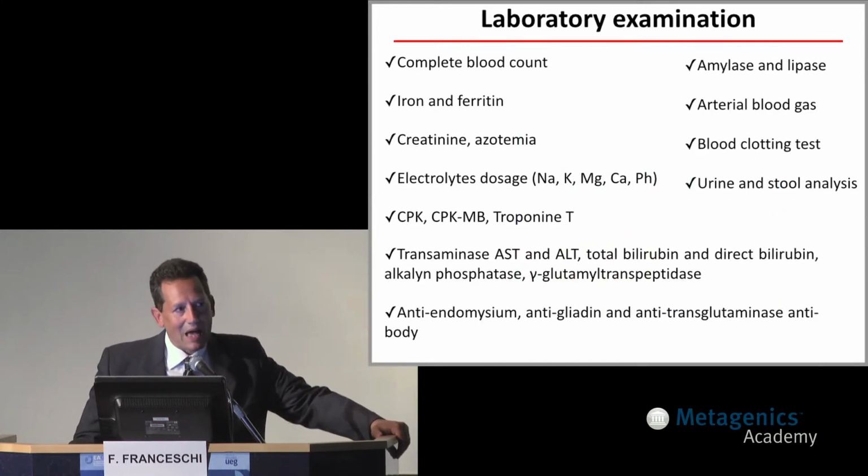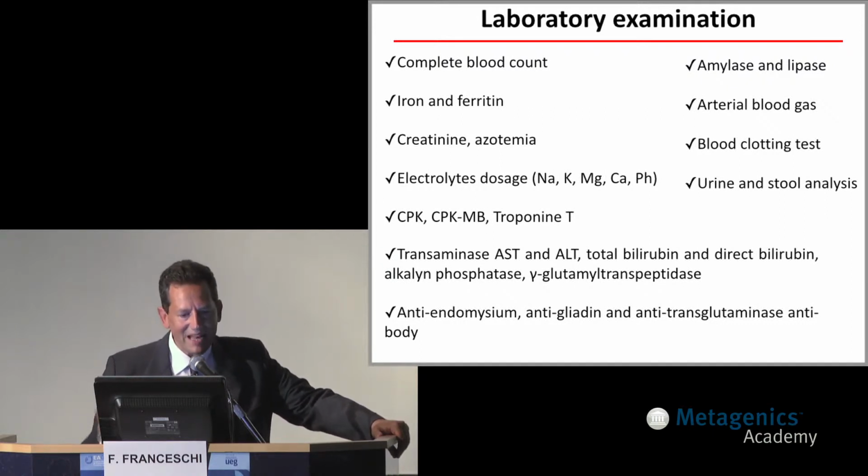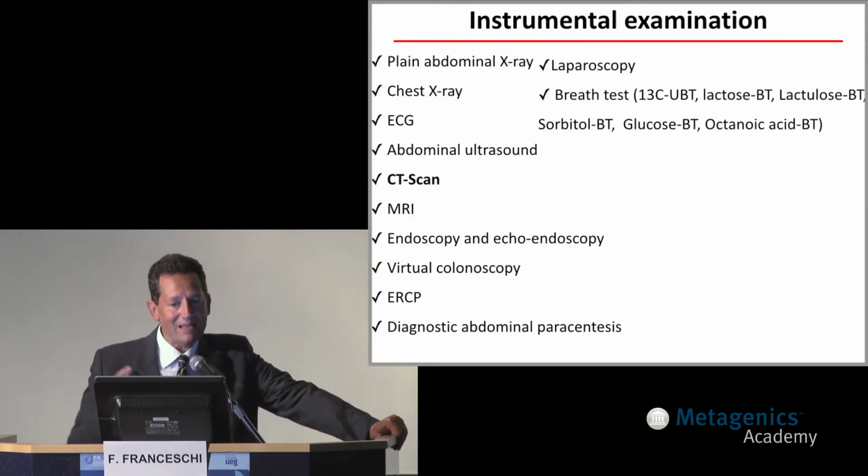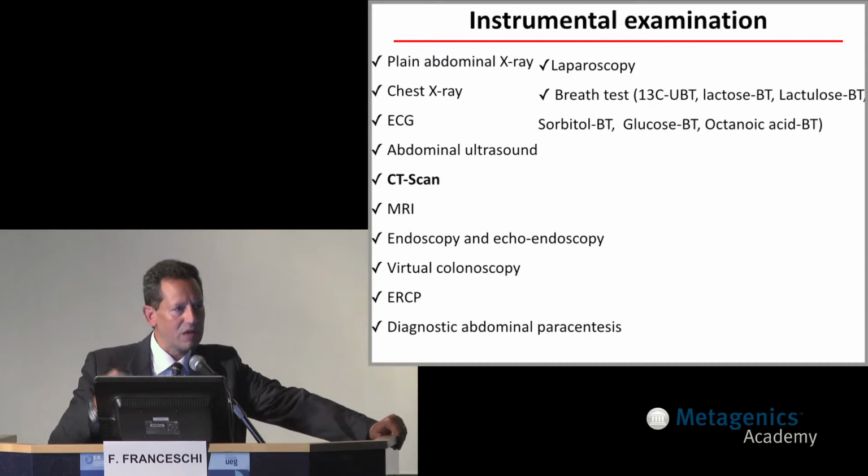Of course, I cannot talk about what we need to do for the final diagnosis. We have so many tests to do, lab exams and instrumental examinations. For example, for SIBO, we have the breath test.